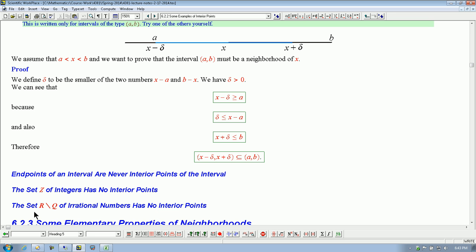More interesting, if you look at the set of irrational numbers, listen to me. If you take a number and a positive number delta, and you go to the left by delta and to the right by delta, don't you know that there are some rational numbers in there? They can't all be irrational. You understand? But they're not all rational either, so the set of rational.